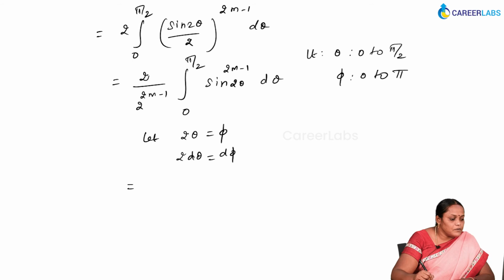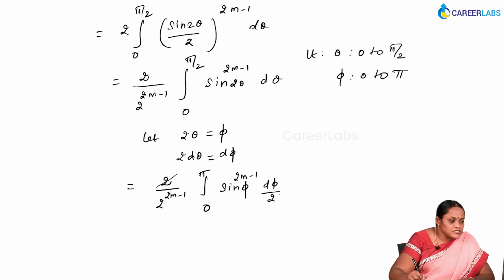So you can write this as 2 by 2 to the power 2m minus 1, and here this is integral 0 to pi, and this is sine phi to the power 2m minus 1, and d theta is nothing but d phi divided by 2. So we can cancel these two and the remaining will be 1 by 2 to the power 2m minus 1 integral 0 to pi sine to the power 2m minus 1 of phi d phi.